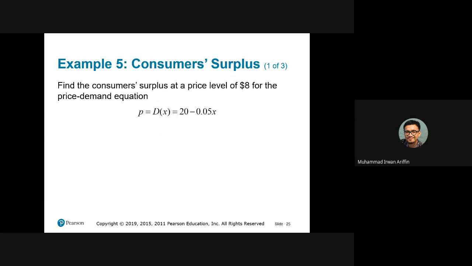First of all, we need to solve for the quantity. When P equals $8, what is our X? This is P bar. So 20 minus 0.05 X bar equals 8.